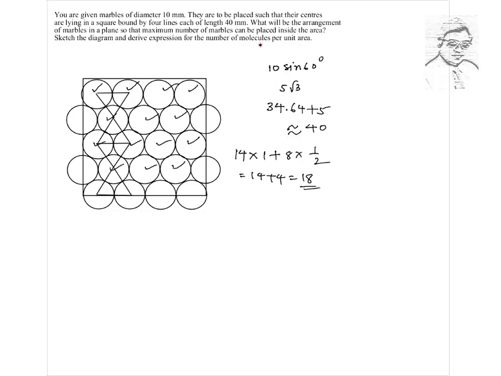Number of spheres per unit area. Area is how much? Forty. 4 by 4, that's a centimeter. 16 centimeter square area has got 18 balls effectively.